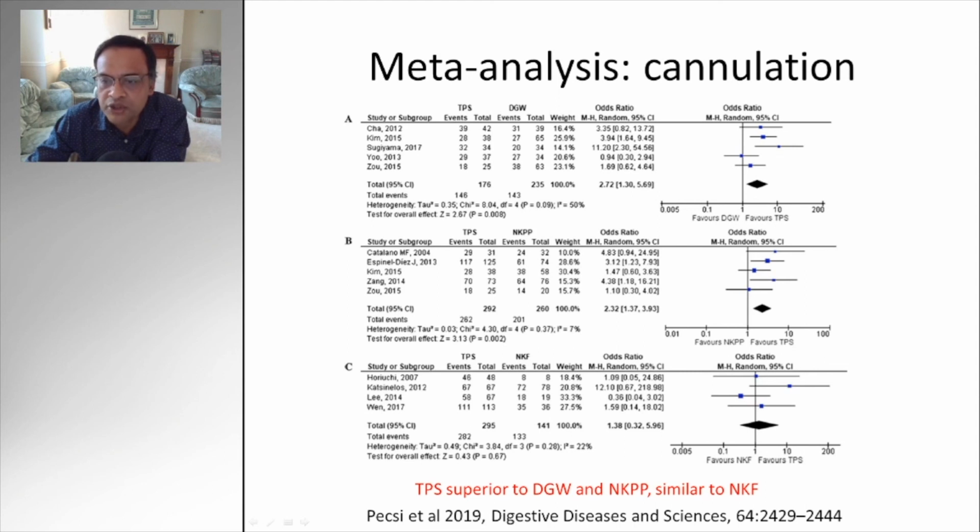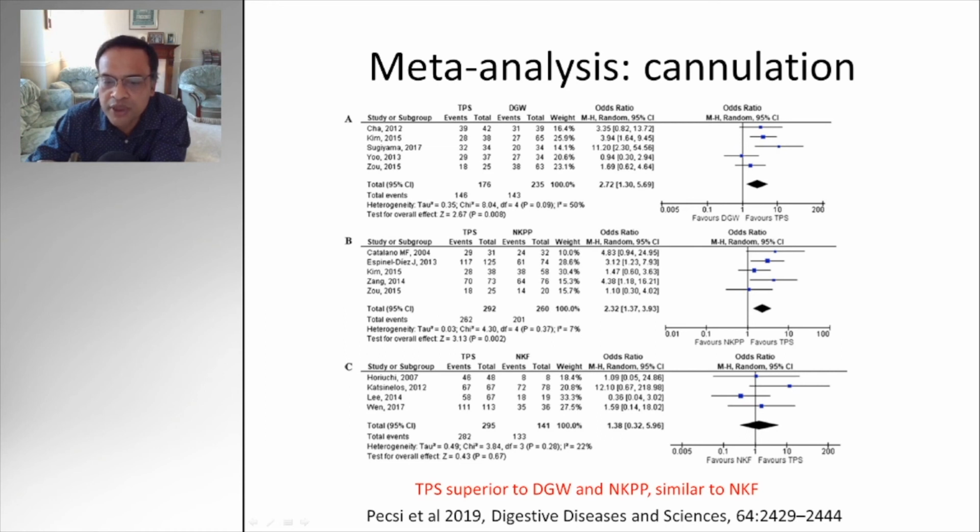In this first graph, we look at cannulation success. The upper graph compares transpancreatic sphincterotomy with double guidewire technique, and it was found that the transpancreatic sphincterotomy was superior. The second graph compares transpancreatic sphincterotomy with needle knife precut papillotomy, and again the transpancreatic sphincterotomy was superior.